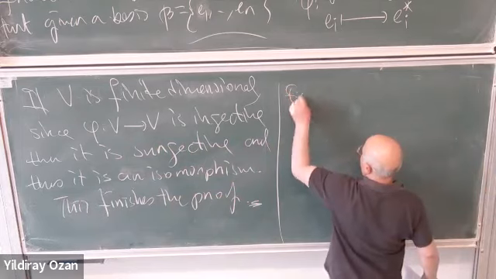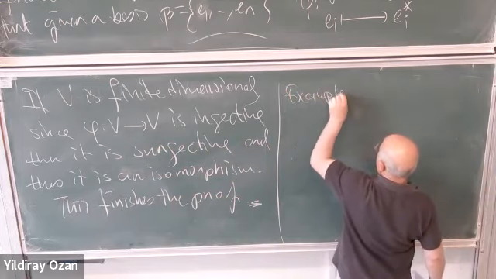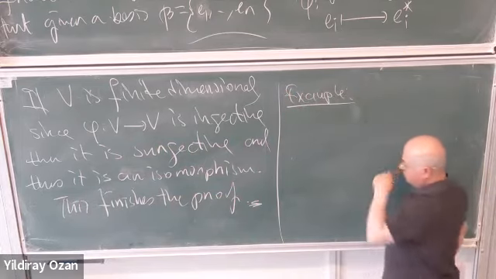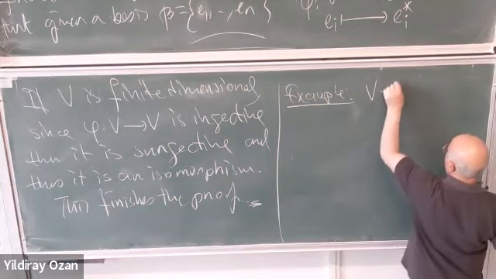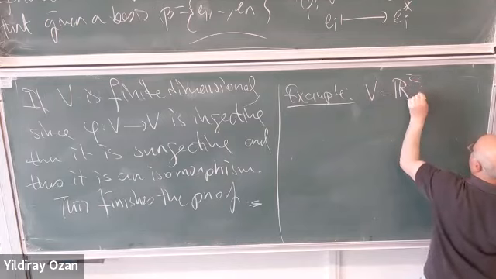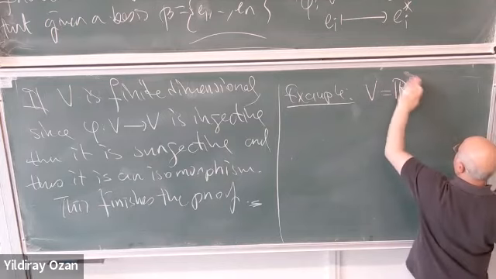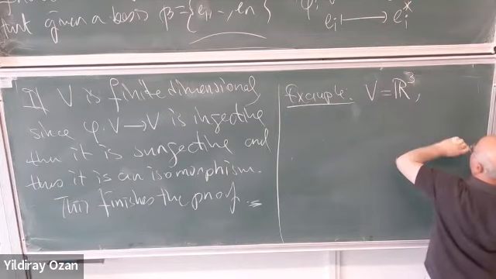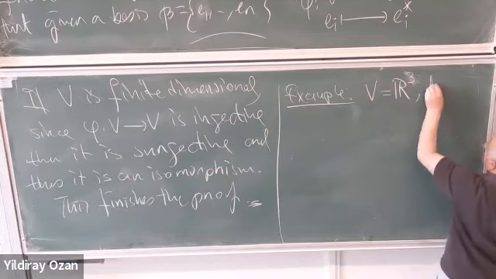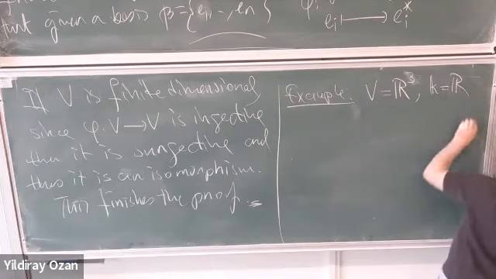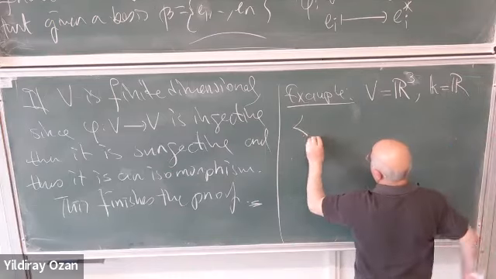Let's do one example. Let's, for example, consider V to be R2 or R3, with the standard inner product. So I choose K to be R, and this is the standard inner product.